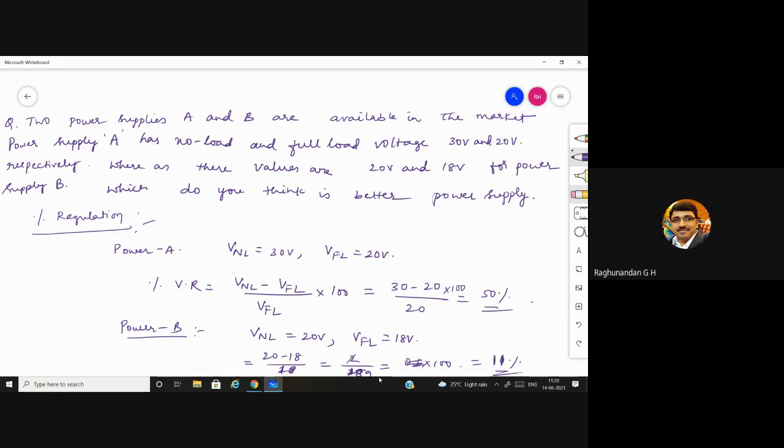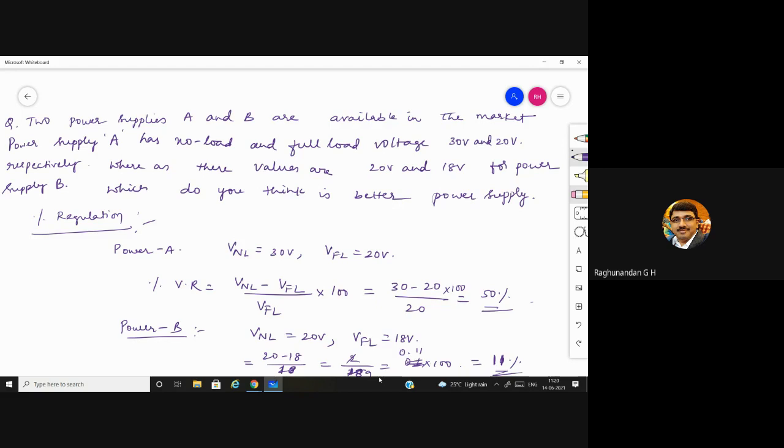Now, which is the best among these two and why? Should the percentage regulation be more or less?